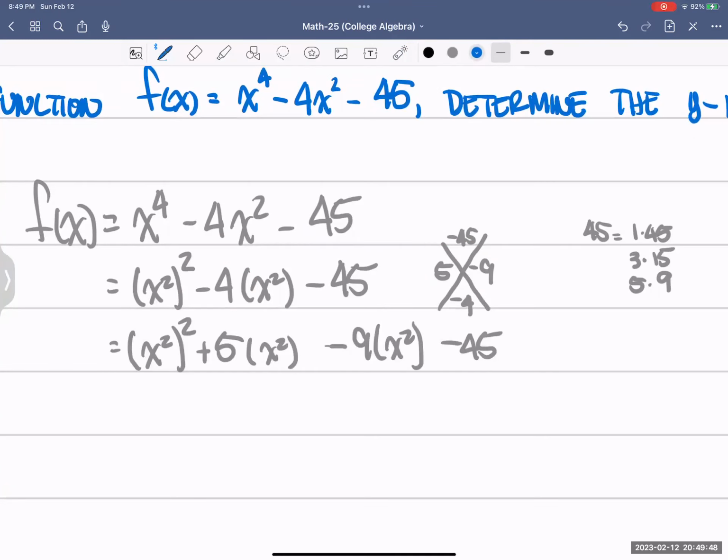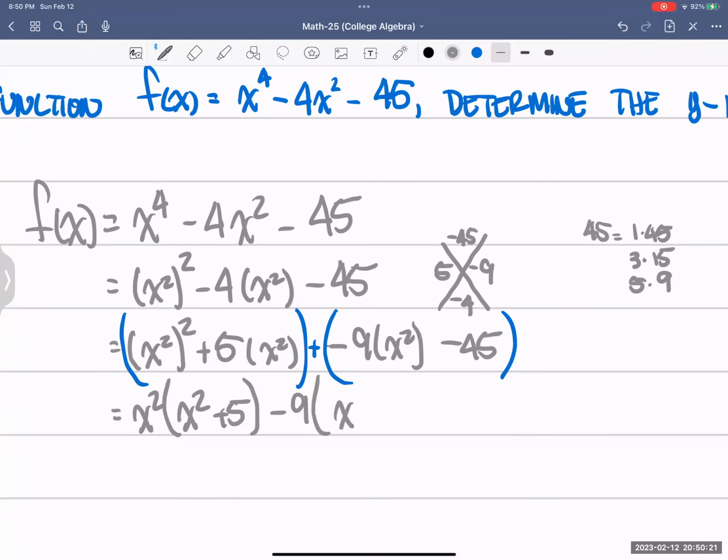Now we group the first two terms together and the second two terms together, making sure there's a plus in the middle, and factor out as much as we possibly can. From the first group we can factor out at most an x squared, so x squared times x squared plus 5. From the second group we can factor out a negative 9, leaving us with x squared plus 5.